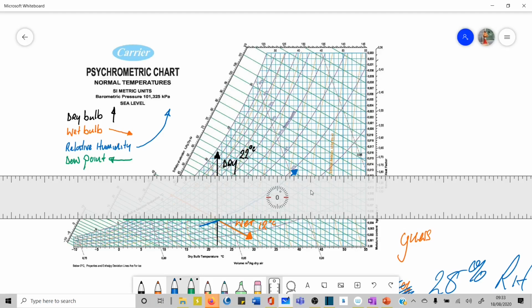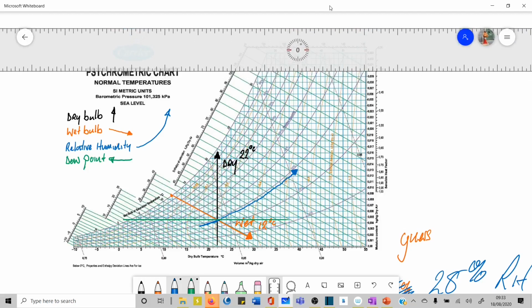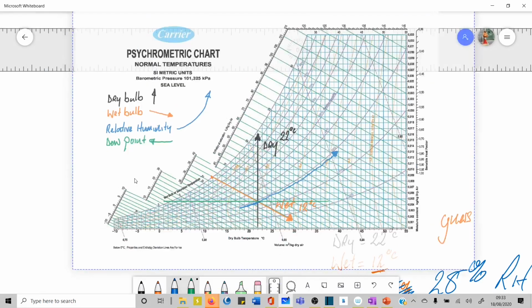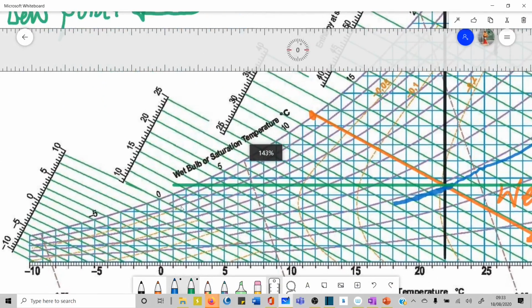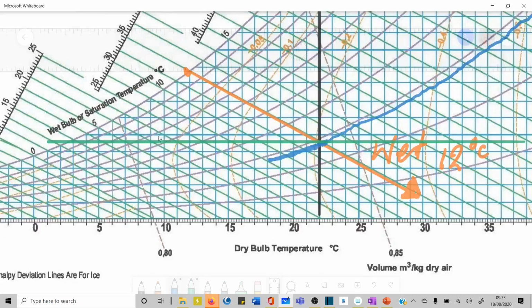If we move the ruler away, we can zoom into that and get our reading. So we can see we've got 0, then 1, 2. It's around about 2.5 degrees.